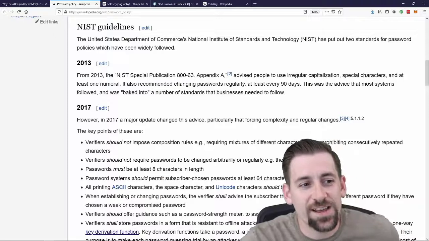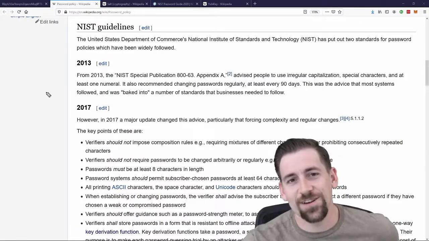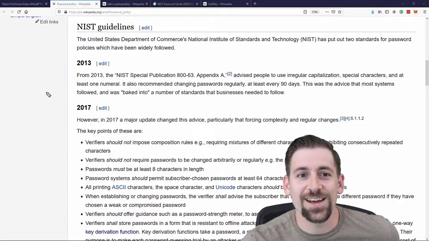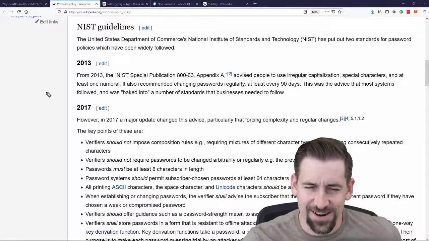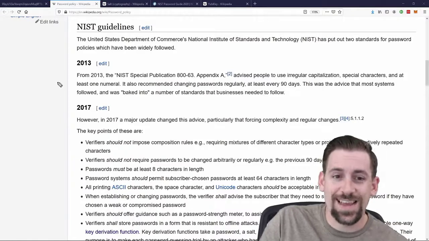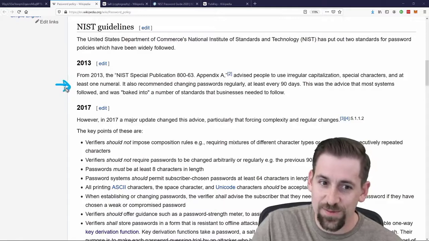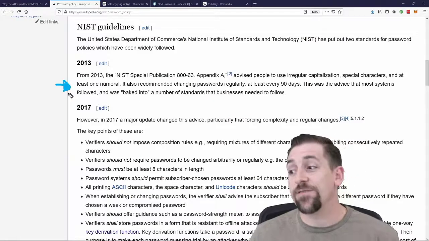What NIST used to publish, and if you're in the corporate world, even if you're in sales or engineering or HR, if you had to sign onto your computer, back in the earlier 2010s, the NIST standard and the way that these were traditionally implemented in the enterprise was actually very different than it is now.